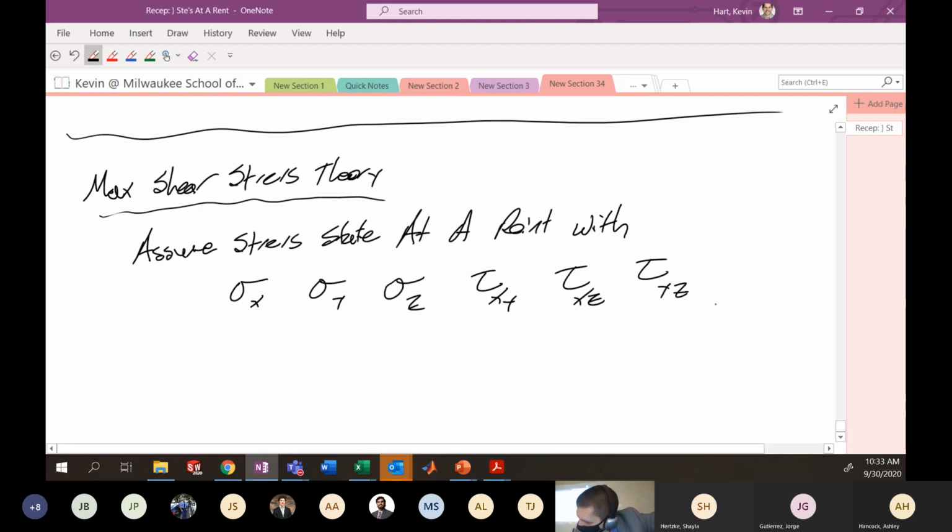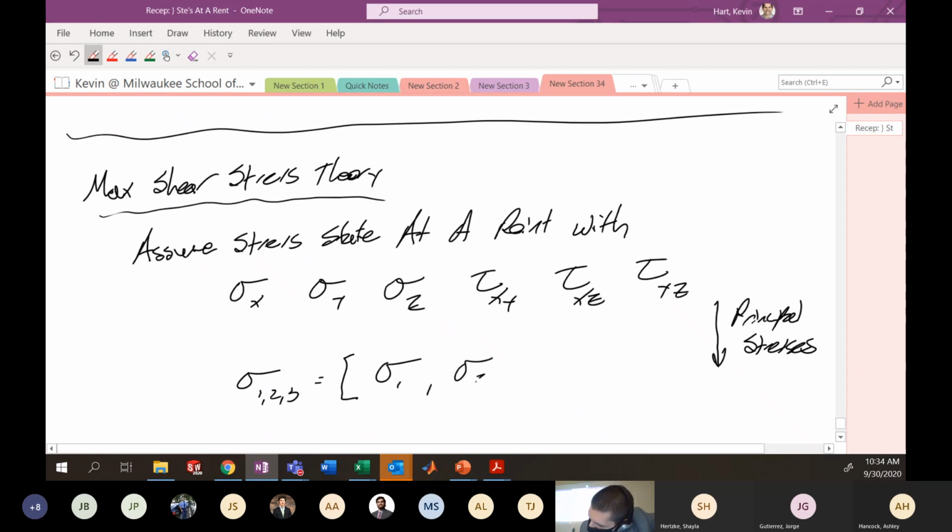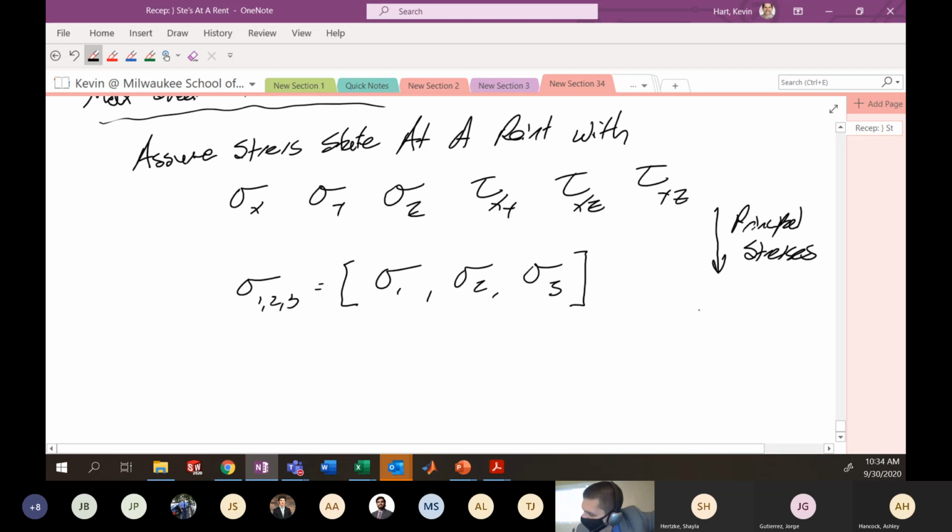We can do the analysis here to get principal stresses again, using that cubic equation. And one more further step now for max shear stress.